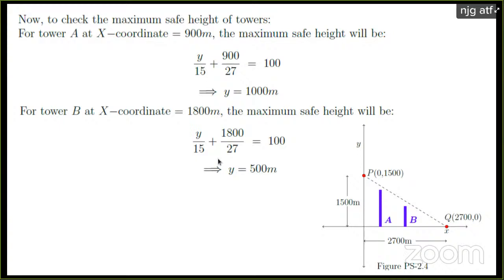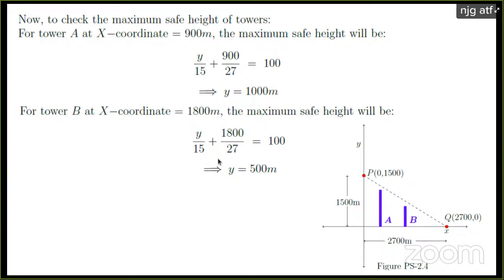That means there is a point on the straight line which is (900, 1000). So my tower A should be lesser than 1000, right? My y coordinate shouldn't be greater than that existing point on the straight line. So the maximum safe height for tower A should be less than 1000, or you can say the maximum safe height is 1000 meters.